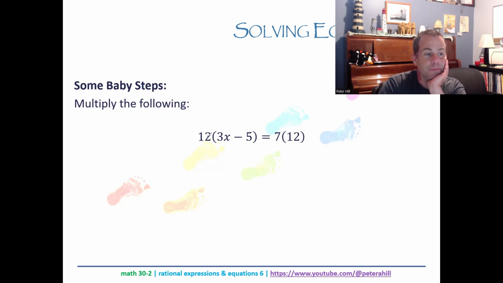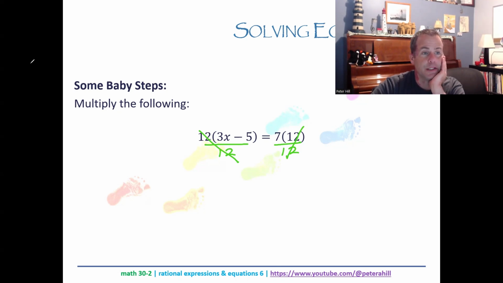So actually, I could just essentially divide both sides by 12. 12 divided by 12 is 1, and 12 divided by 12 is 1. That's actually easier than doing the distribution. Again, I'm following algebra rules. Whatever I do to one side, I do to the other. I chose to take the left side and divide by 12, and I'm taking the right side and dividing by 12, so I haven't changed the equality statement.